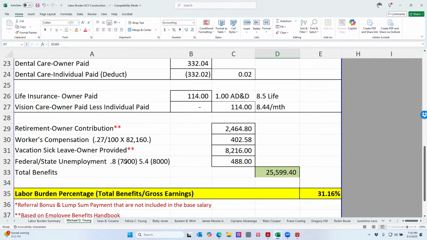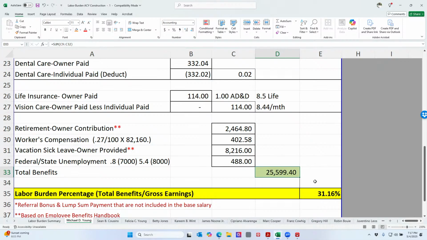And here's your FUTA. When I total all this together, it totaled up to $25,000. In order to figure what the percentage is, let's figure the percentage real quick. Y'all with me? I want to make sure you're still with me.